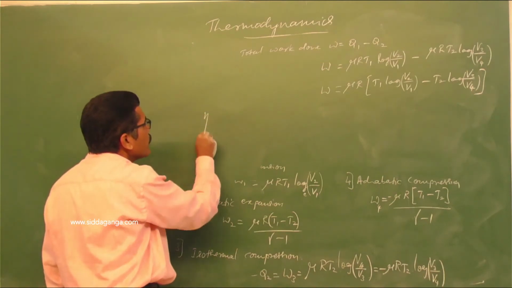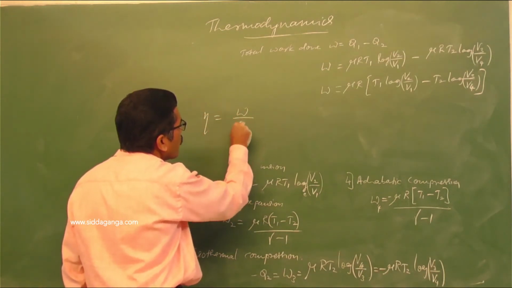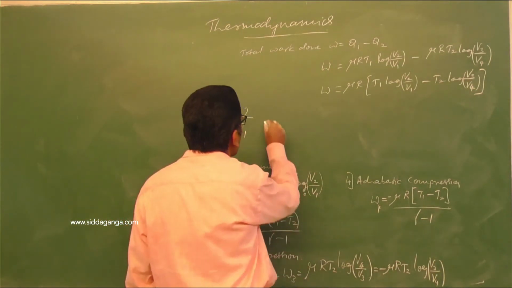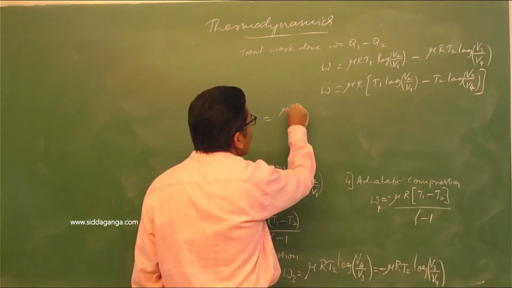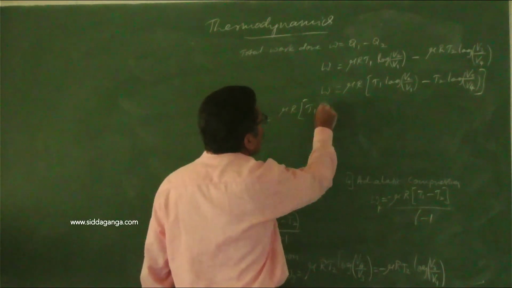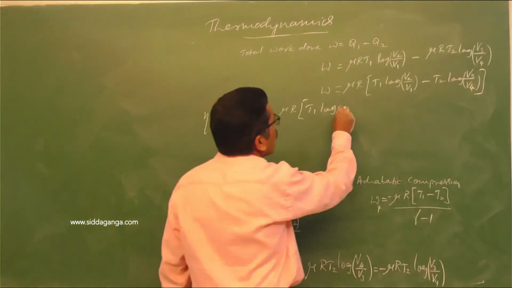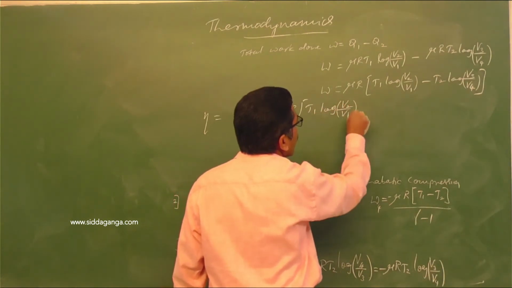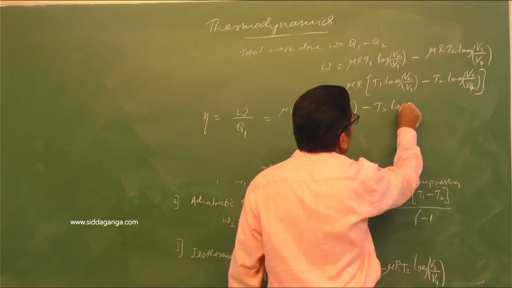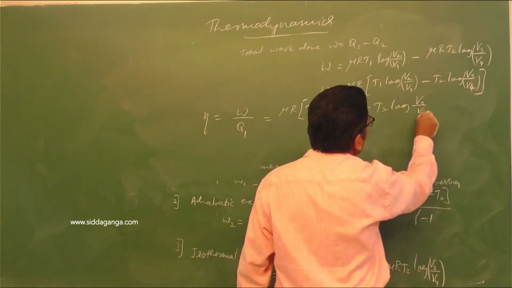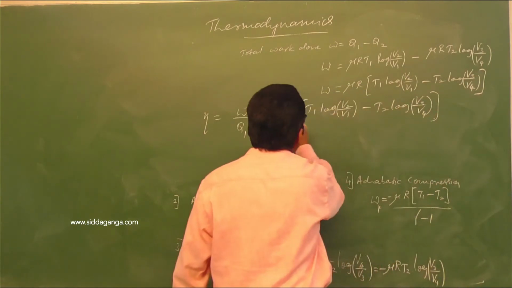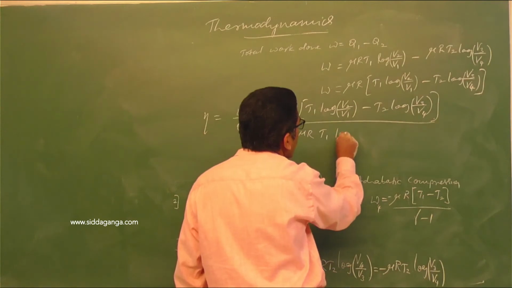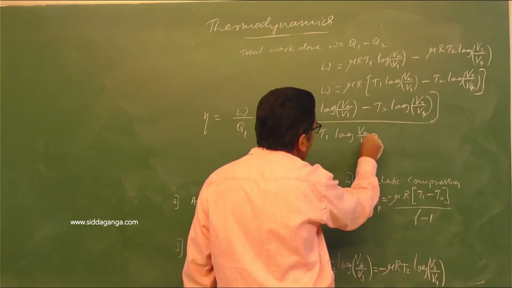According to the equation, efficiency is given by work done divided by heat absorbed. Now please simplify this. W is mu R into T1 log V2 by V1 minus T2 log V3 by V4, whole divided by mu R into T1 log V2 by V1.